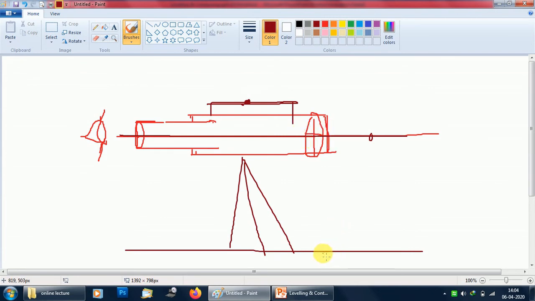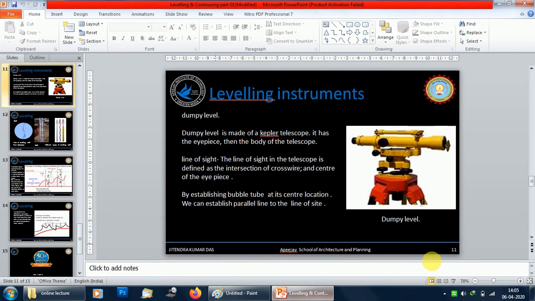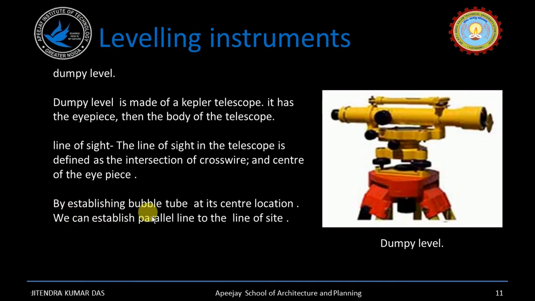This is the line of sight, and it is the datum line. So by establishing the bubble tube at its center location, we can establish a line of sight parallel to the datum line.